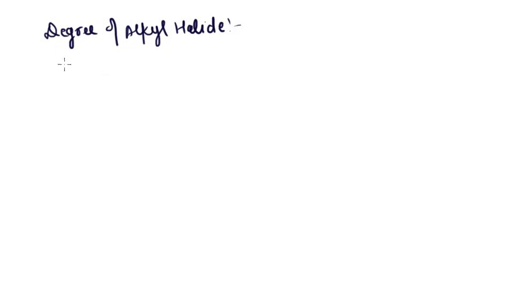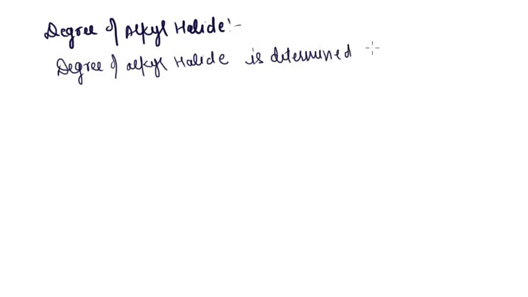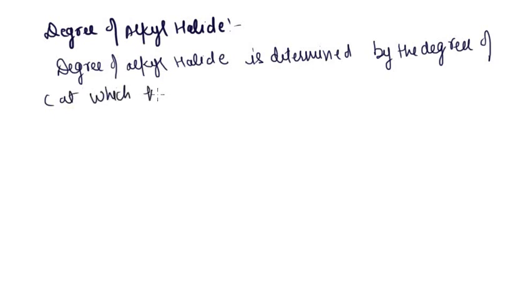So first of all we can say the degree of alkyl halide is determined by the degree of carbon at which the halogen atom is attached.